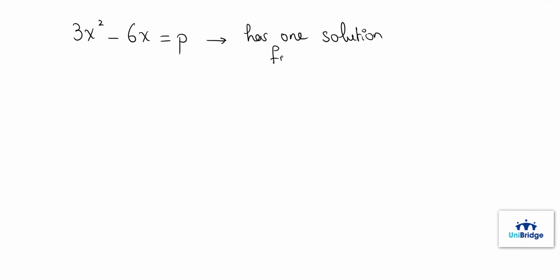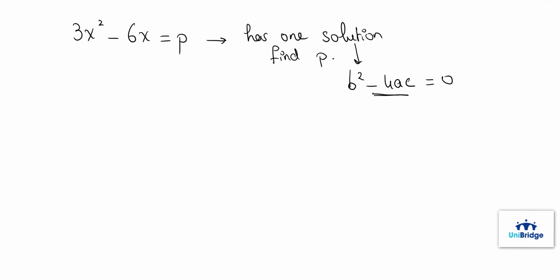Let's say you have 3x squared minus 6x equals p, and it says that this has one solution. Find p. If this equation has one solution, then the only thing I'm sure of is that b squared minus 4ac must be equal to 0.